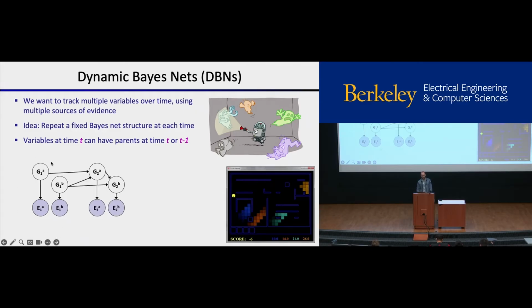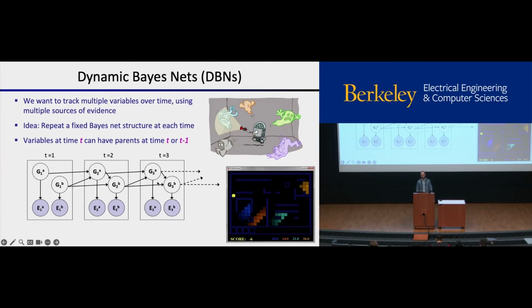This is at time 1. Same hidden variables, same evidence variables at time 2. Their parents are either in the same time slice or in the one before. There's time t equals 1, there's time t equals 2, and so on. And the conditional probability table for this is identical to the conditional probability table for this. It's just referring to different parents. But it's referring to analogous parents.